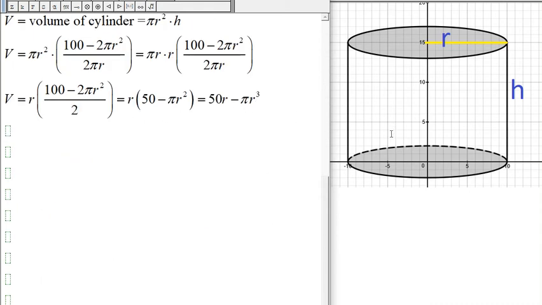Again, we want the maximum volume, and therefore we will take the derivative of v with respect to r, since v is a function of r.